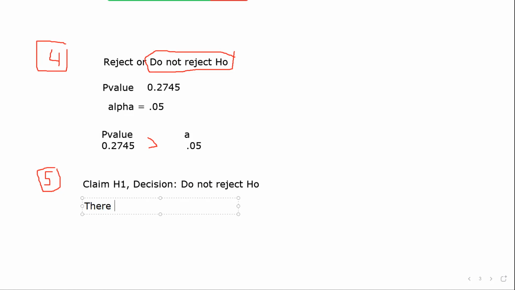So there is not enough evidence to support the claim that the proportion of students in high school who smoke less than 1 pack a day. So we can't support that. Remember to underline "not" and "support."